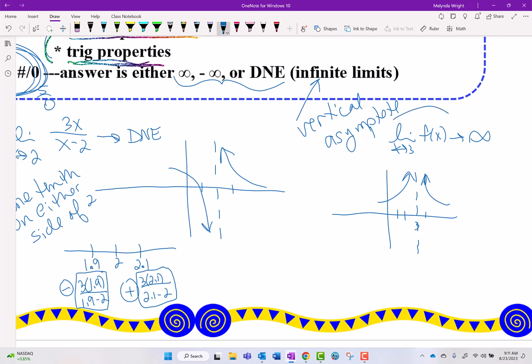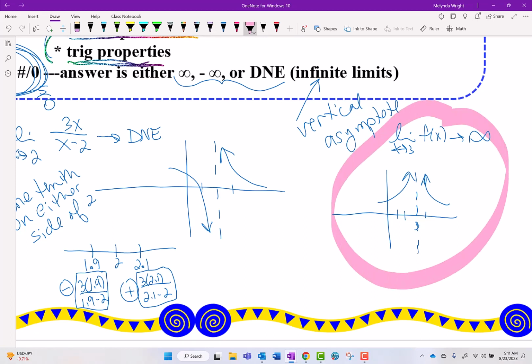So this would be an example where we would have an answer of infinity. What about an answer of negative infinity? They're both going down on both sides, so our answer would be negative infinity. That's how you get those three answers.